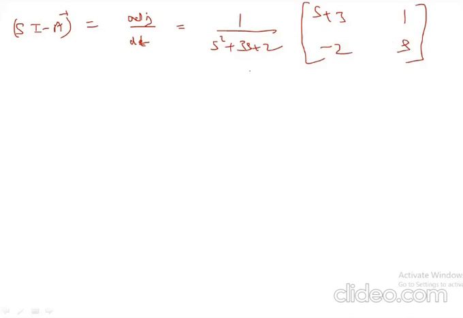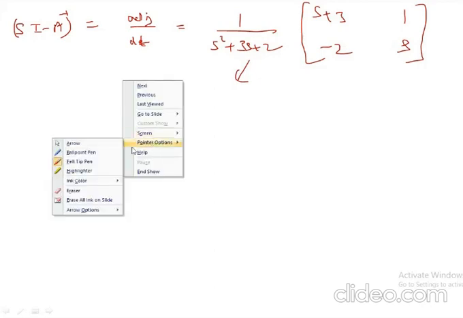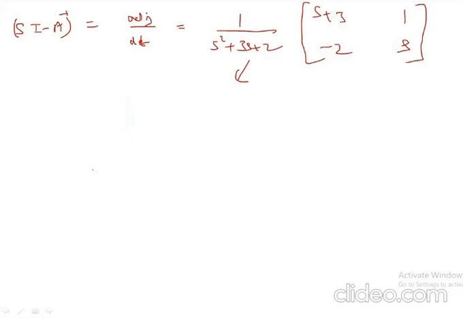Now if you find the roots of the determinant, you will get the two roots: s plus 1 and s plus 2.